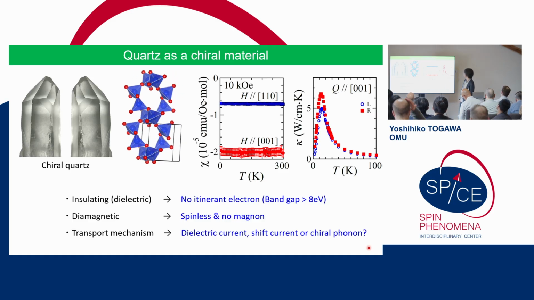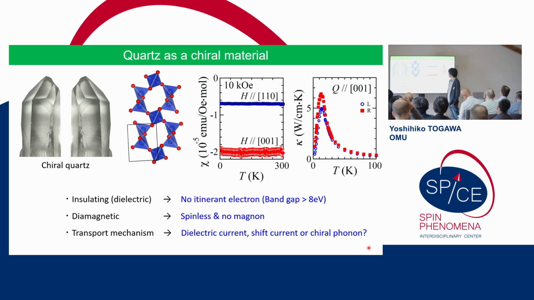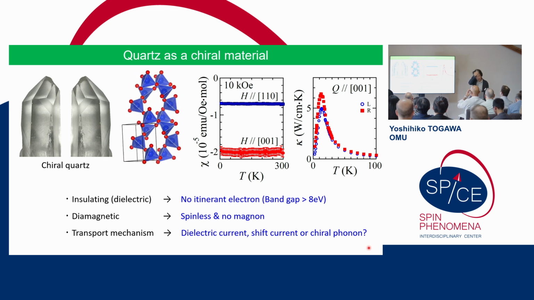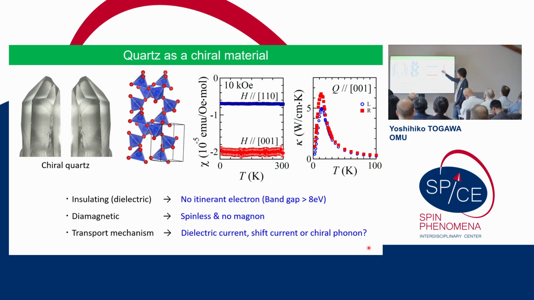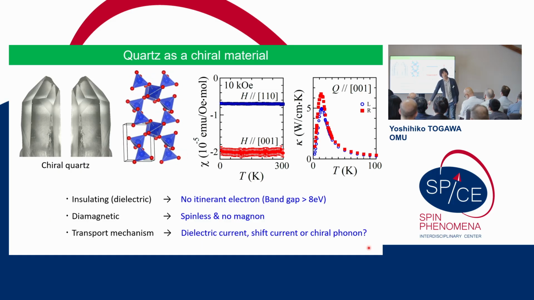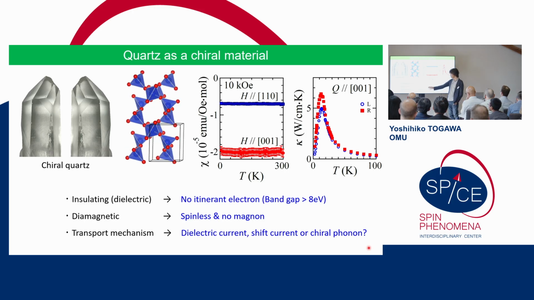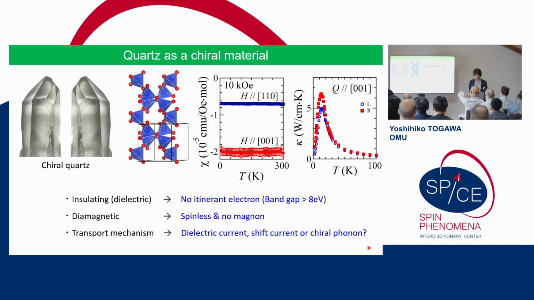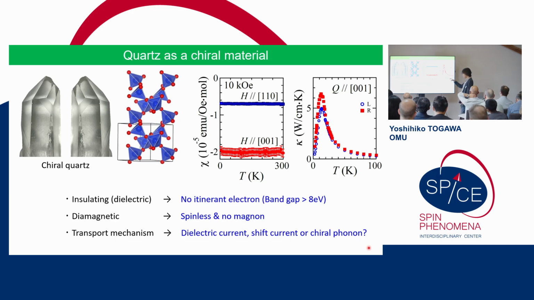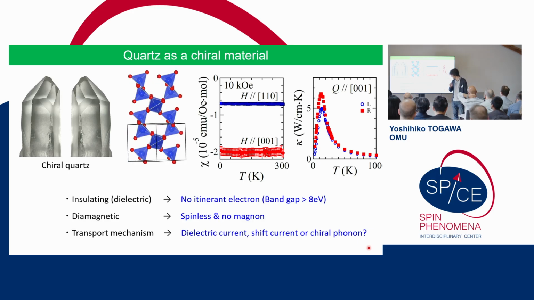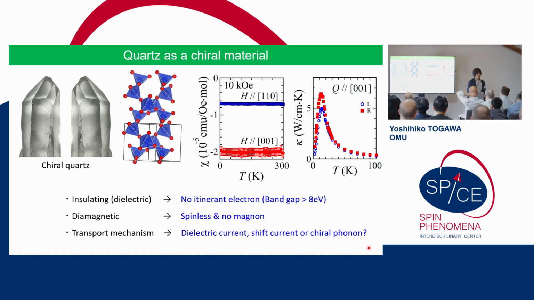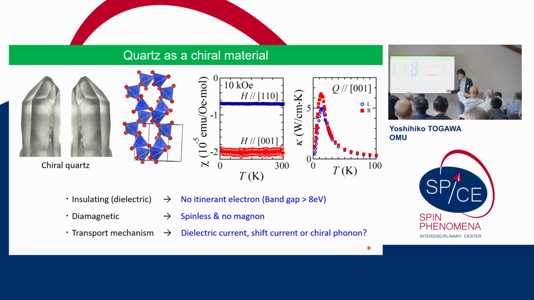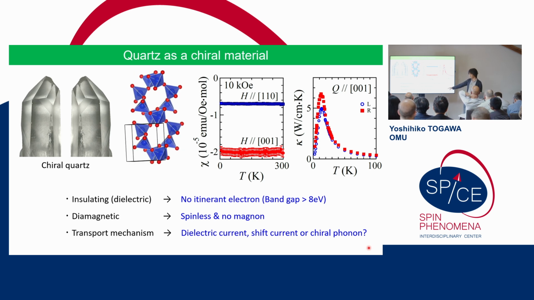Then what kind of transport mechanism is expected for quartz? One idea is that we may induce a dielectric current in such an insulating material. Or if we use some optical excitation, we can induce a shift current. Or another candidate is atomic vibration, collective atomic vibration, known as chiral phonons.